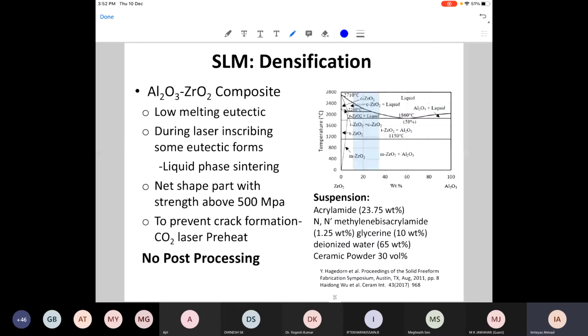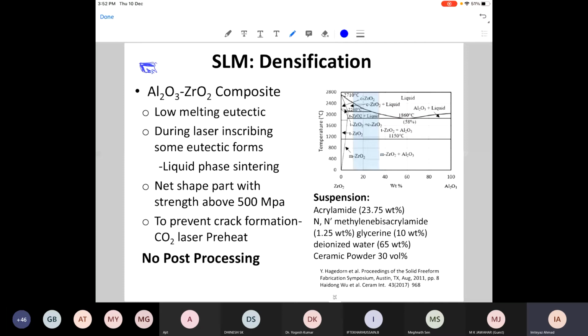Now, densification. If you are putting a laser there, sometimes the temperature will not be high enough, and if only this region is getting heated up, you end up having some pores inside, which is not really getting dense.